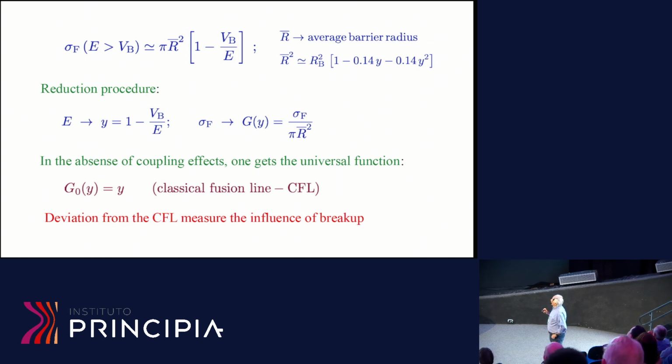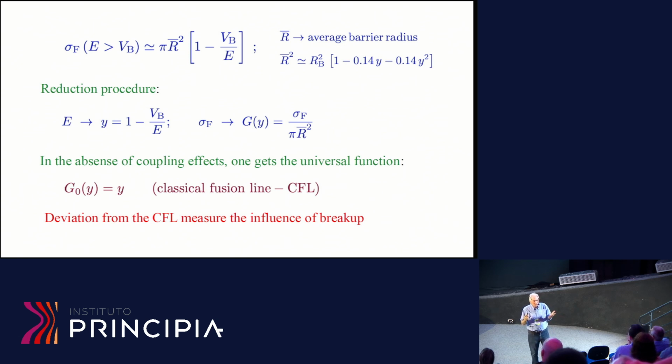The classical approximation for fusion cross-section, which is written on top of the transparency, is obtained by assuming the partial wave expansion: if the energy is higher than the barrier for a given partial wave, then the system fuses, and if the energy is lower than the barrier for that partial wave, it is reflected.